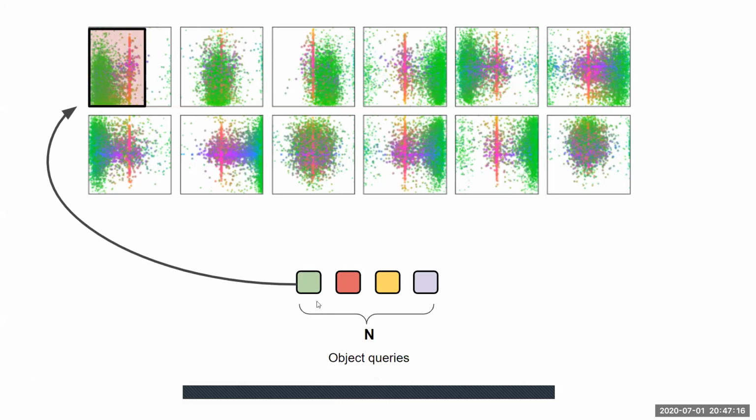For example, this red square looks at the image and asks: give me all small objects on the left bottom. The same with this one: it searches for small objects in the middle of the image.